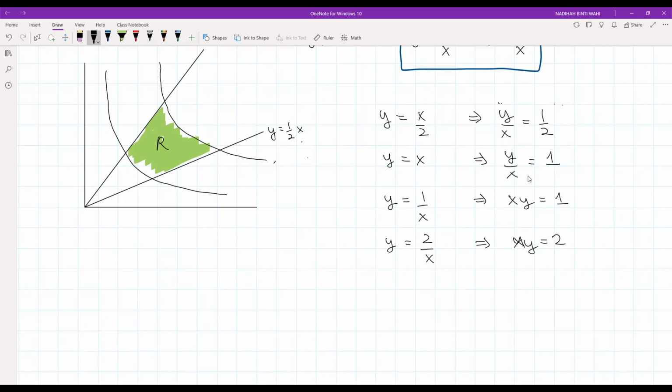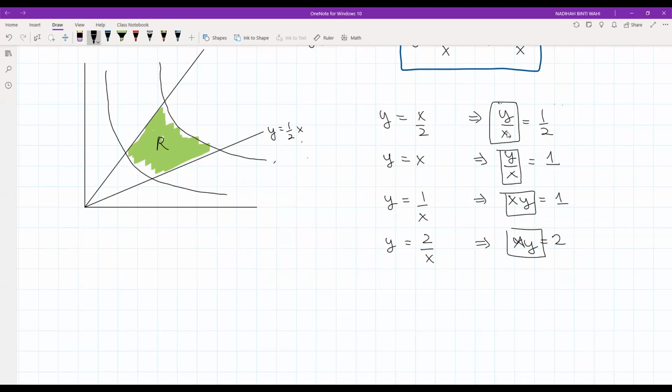Okay, so what to do? I can see that I have y over x, and then I have xy, and this is also xy.